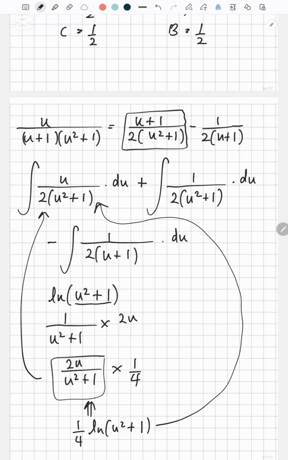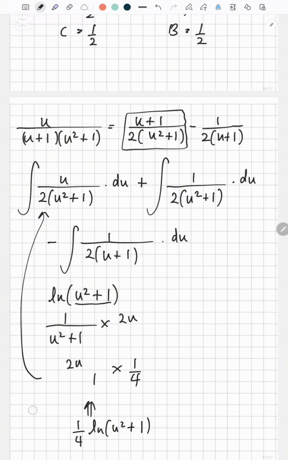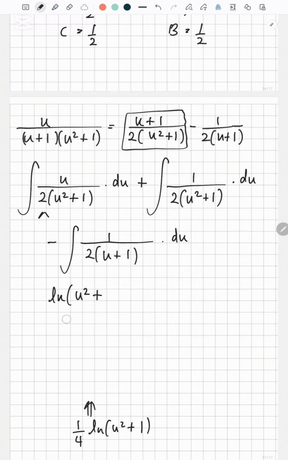That's easy. You don't have to waste time using integration by substitution. You can just straight away find the answer.